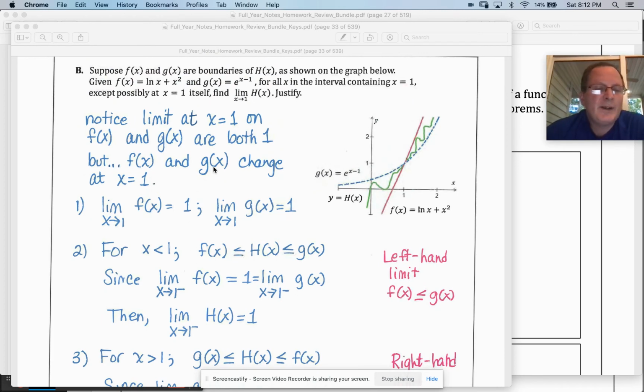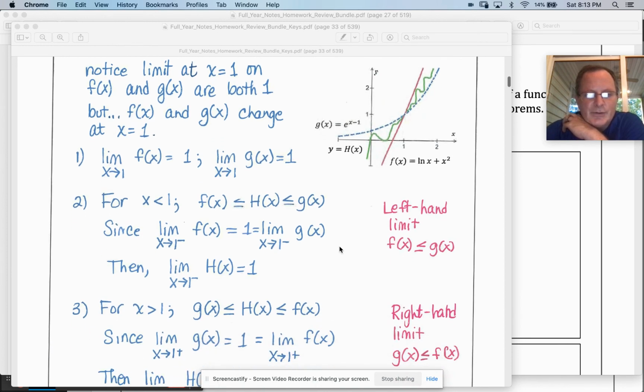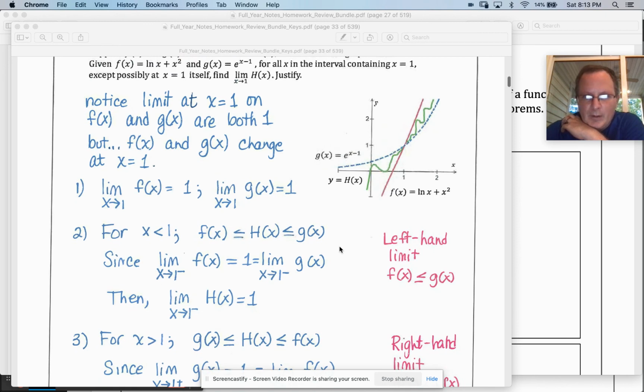So this is what we already said. It says part one, the limit. Suppose f of x and h of x are boundaries, given that f of x is this crazy equation. That's the red one, and the blue dotted one is e to the x minus 1, for all x containing x equals 1 except the possibility of x equals 1 itself. Find the limit. First of all, they're showing that their limits are both 1.